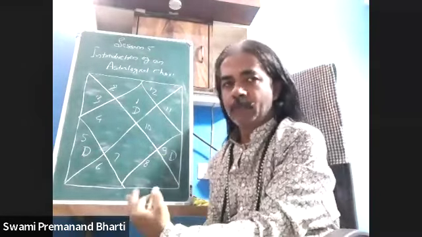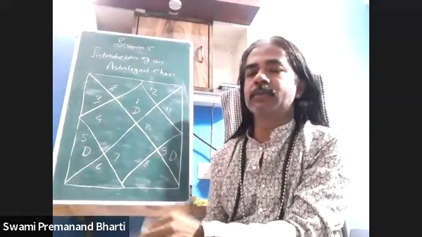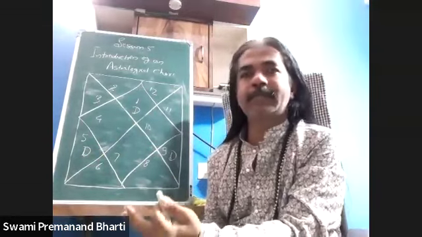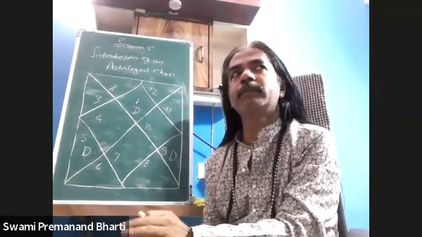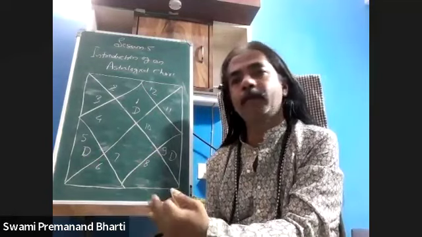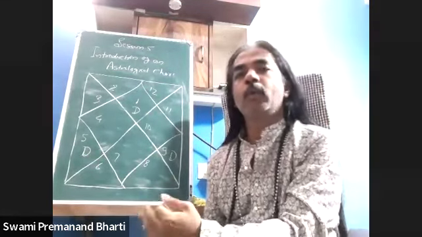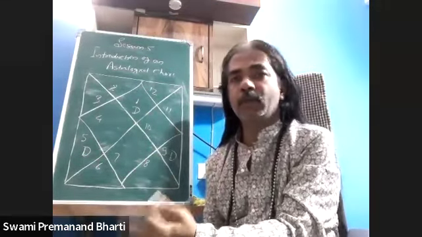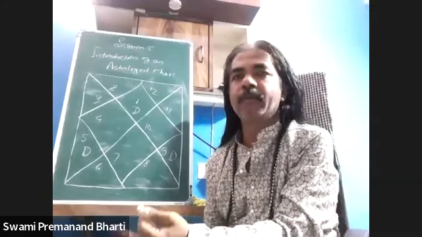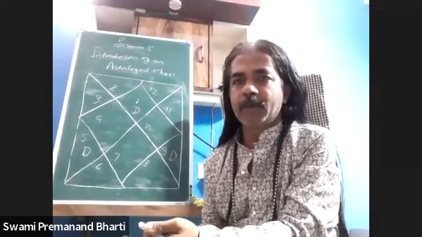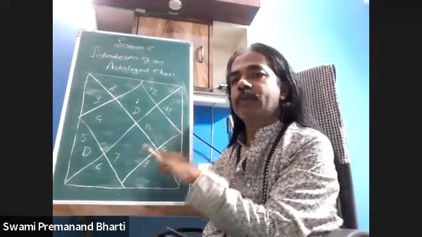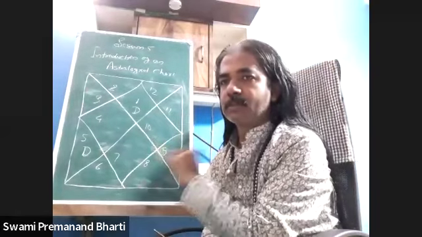First, fifth, and ninth houses and the planets placed there represent what dharmic path you are supposed to follow. What is your righteous path? Why have you taken birth in this life? What is your dharma? That is seen from first, fifth, and ninth houses.